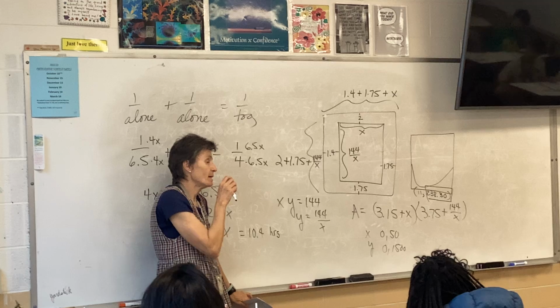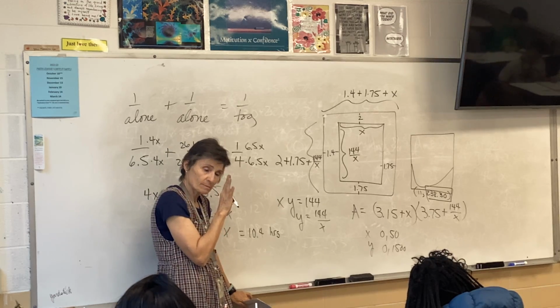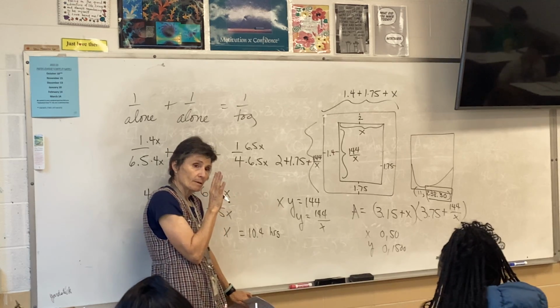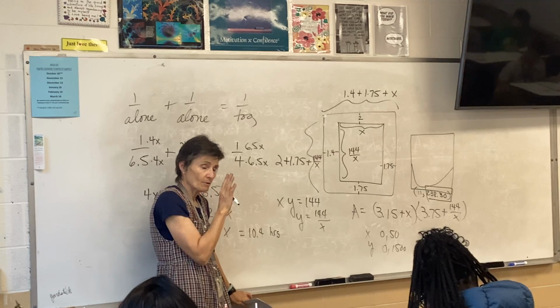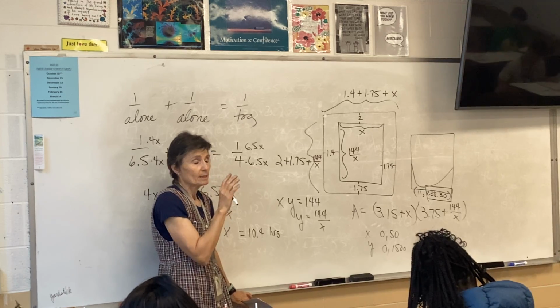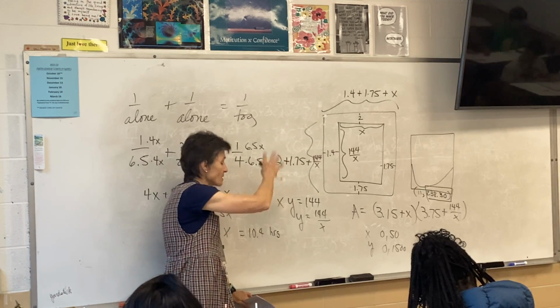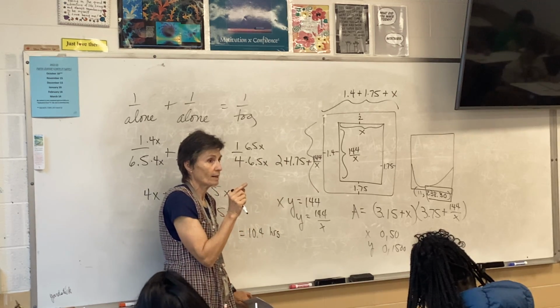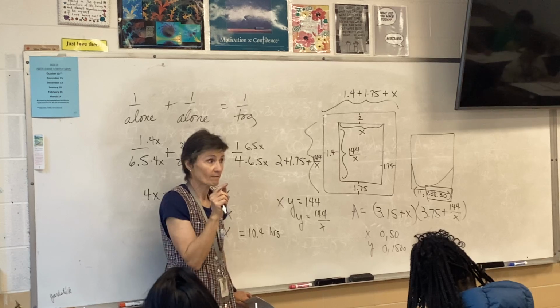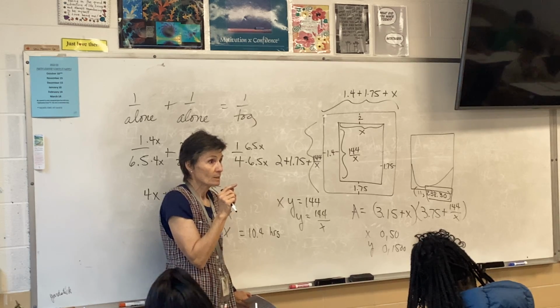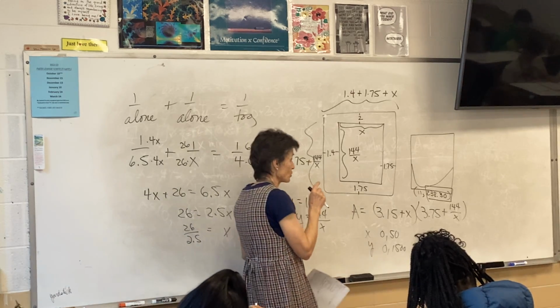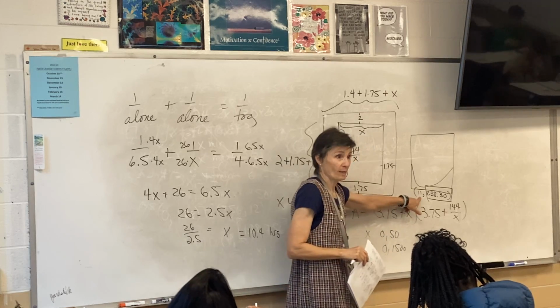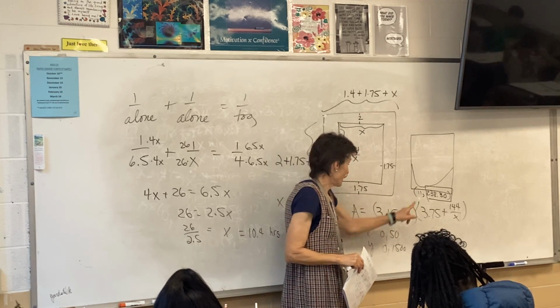My last comment, and then I'm gonna just let you go. Yesterday, the question was different. Yesterday, it was all set up like this, but remember, the question was, what are the dimensions of the poster? So if that's the question, then you're gonna use your 11, and you're gonna plug it in.